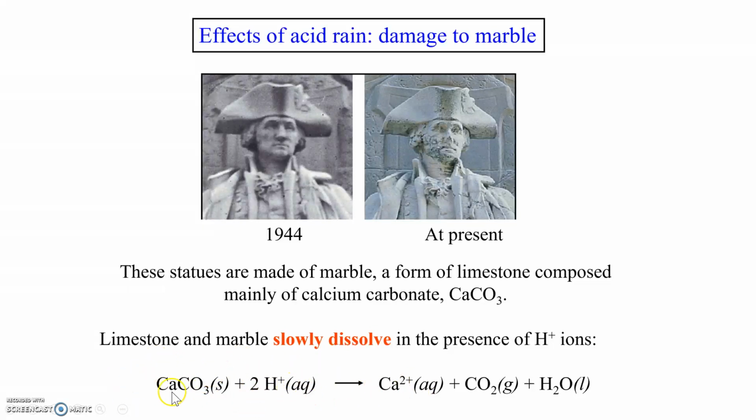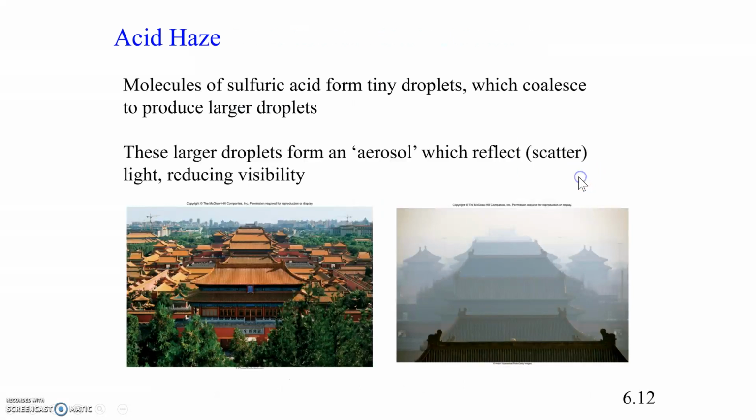So you're then dissolving that solid, forming aqueous compounds. And you can see this in statues that have been built. This is an example of a statue that was put in place in 1944. You see no pockmarks present. You see that calcium carbonate has dissolved over time.